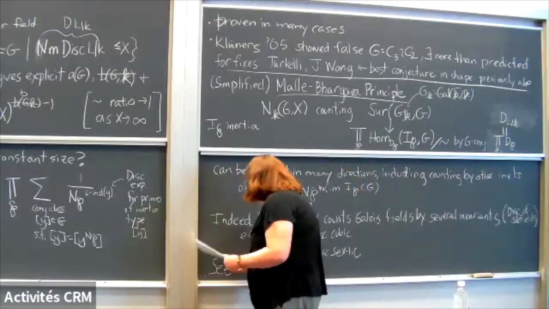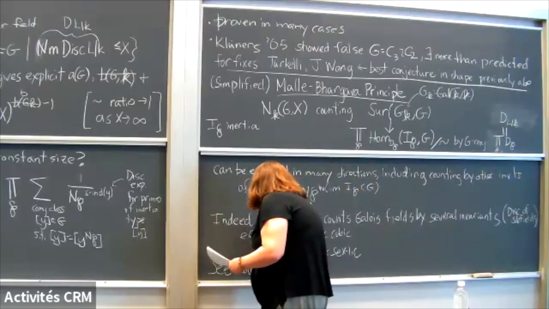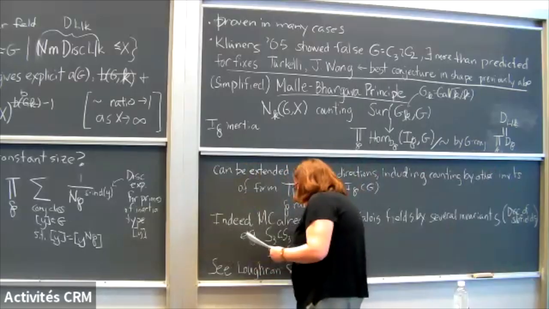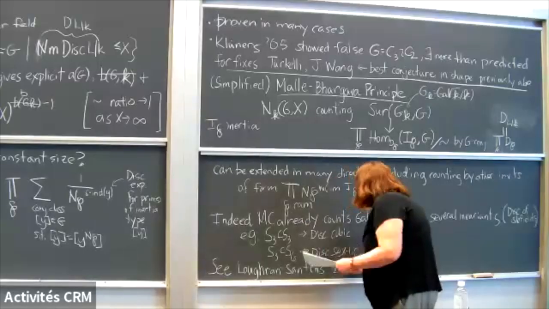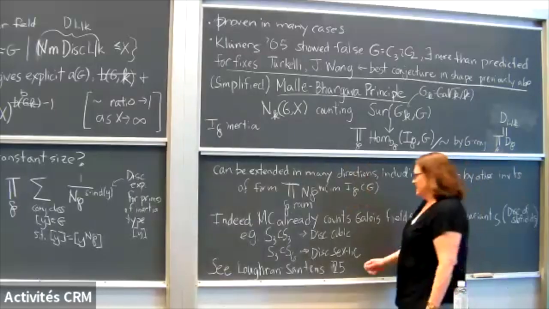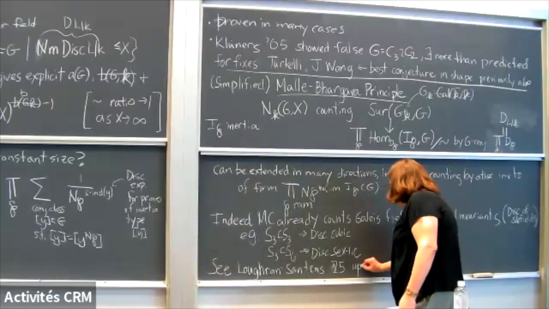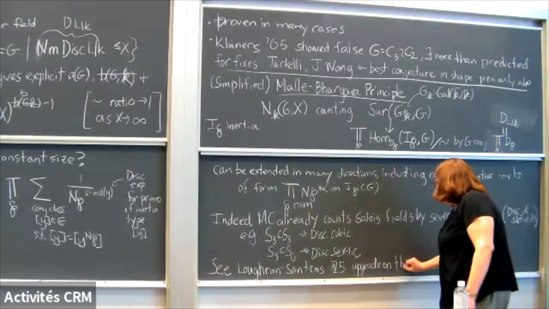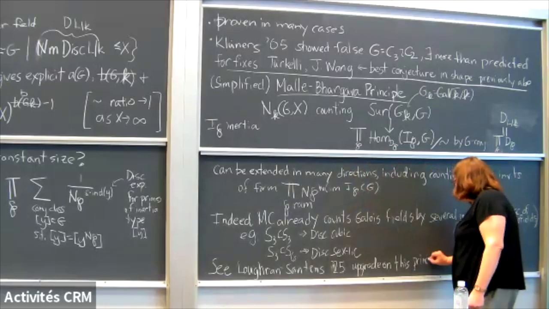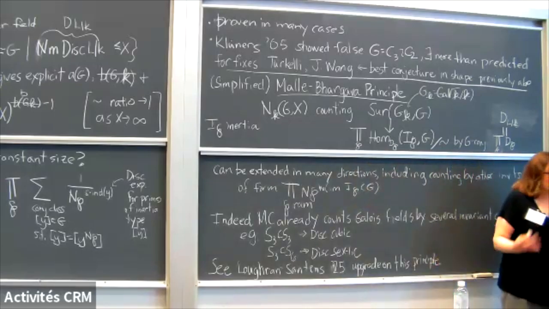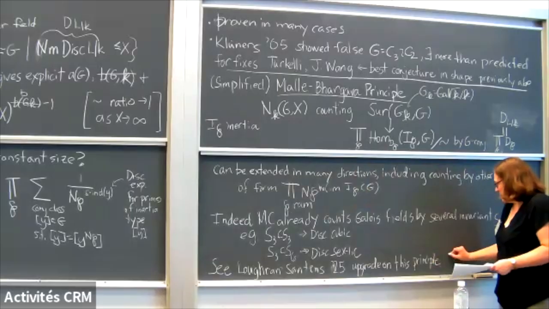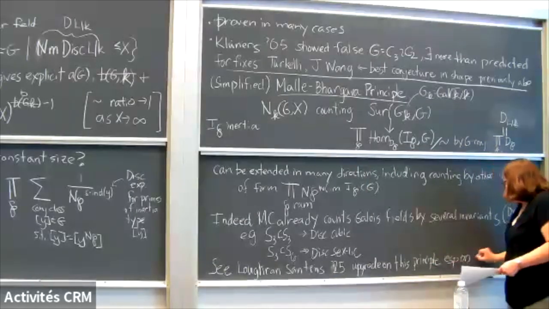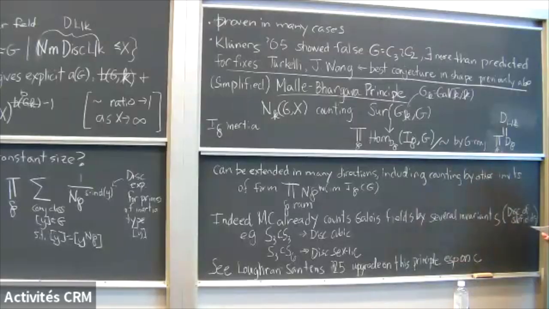I now want to refer to the beautiful recent work of Loughran and Santens from 25, which is, I will say, a serious upgrade on this principle, such that you could expect it to make correct predictions, and in particular, especially on the constant c here, and various invariants.